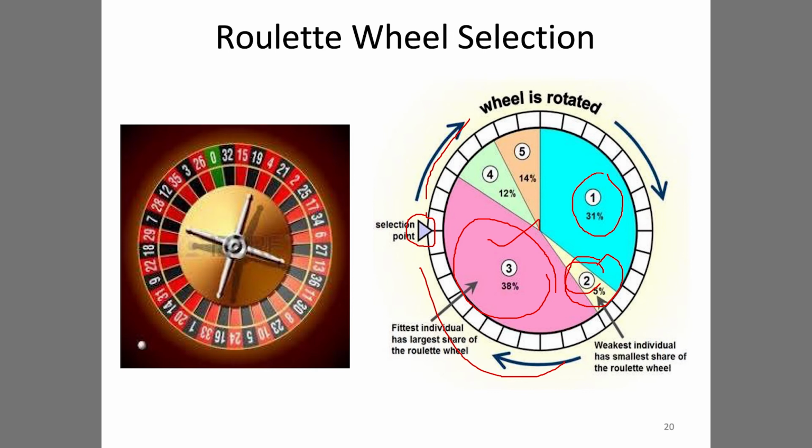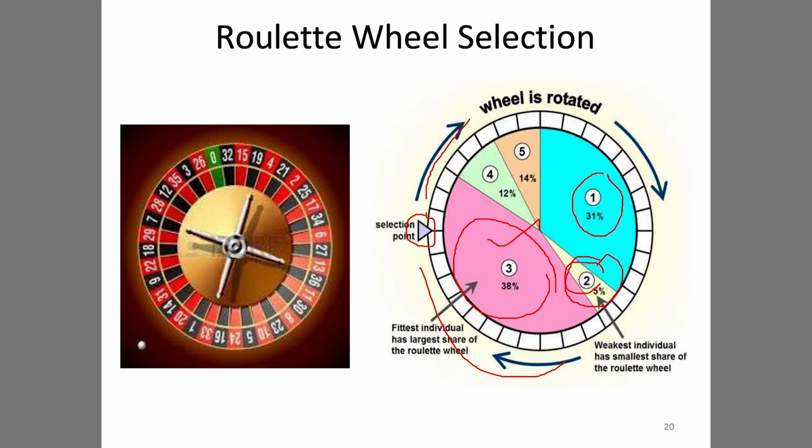In roulette wheel selection, the circumference of the wheel is marked with the fitness proportion values. All the partitions are treated as proportionate to the fitness value. First you calculate the fitness value, which is divided into as many partitions as there are individuals in the whole 100% of the population.